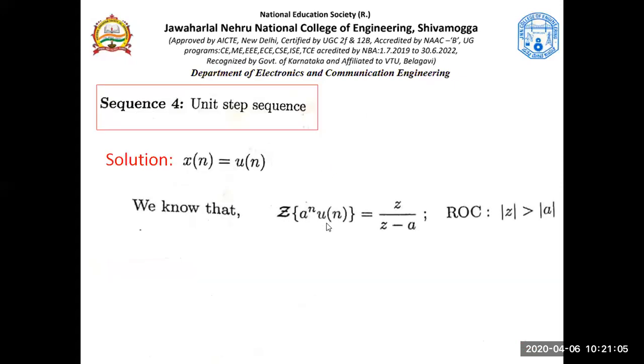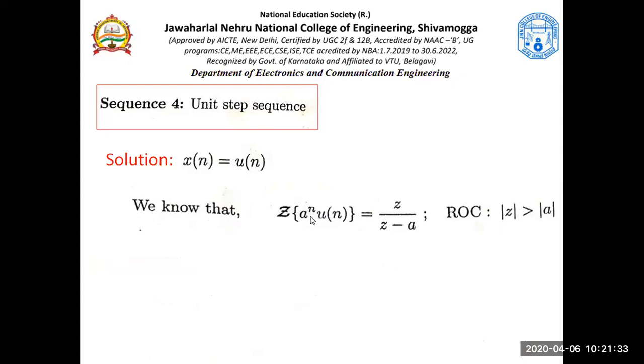The z transform of a power n u of n is z by z minus a, whose ROC is outside the circle with radius a. Now, seeing this, can you tell the z transform of u of n is the question. Listen to me again. This is something that we have derived already.